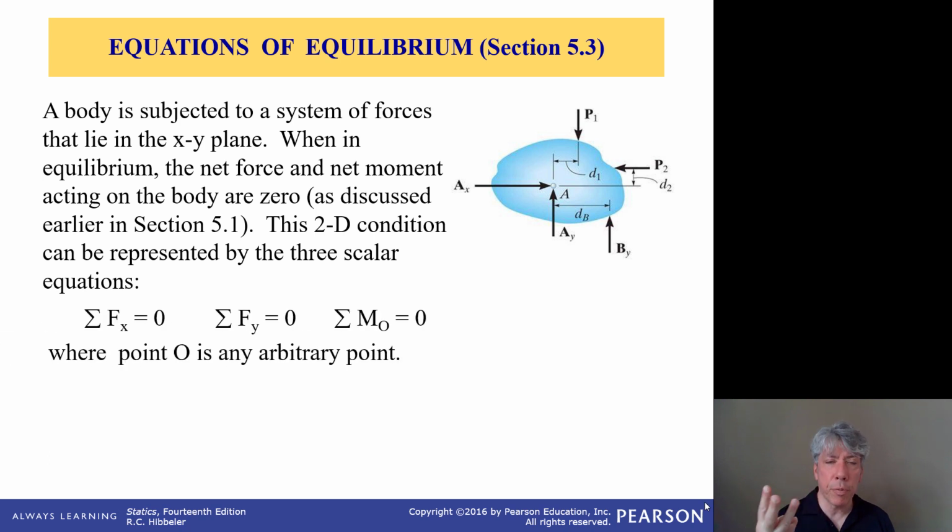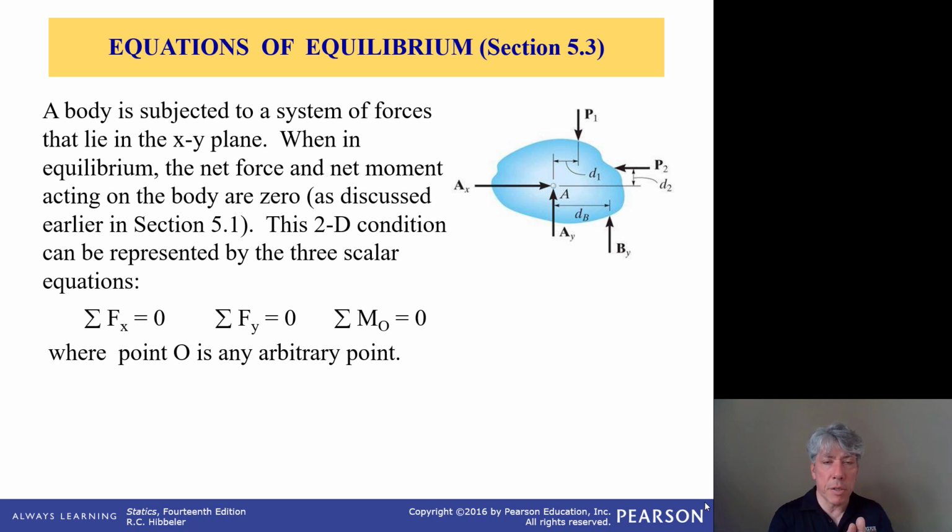And so we would end up with 3 scalar equations. One equation says all the components of forces that act in the horizontal direction, and all of the sum of forces that act in the vertical direction, and all the moments of all these forces and whatever concentrated moments are applied must sum to 0.